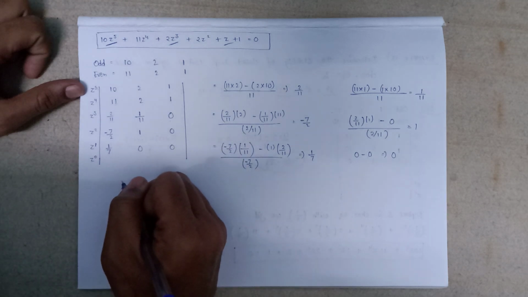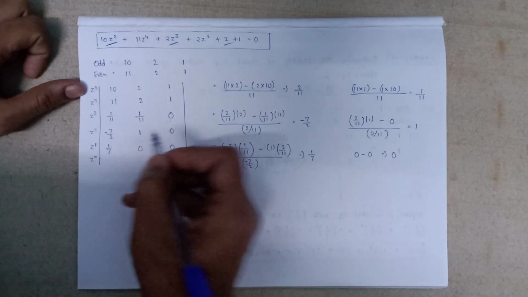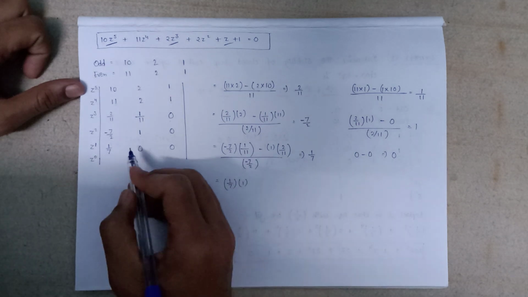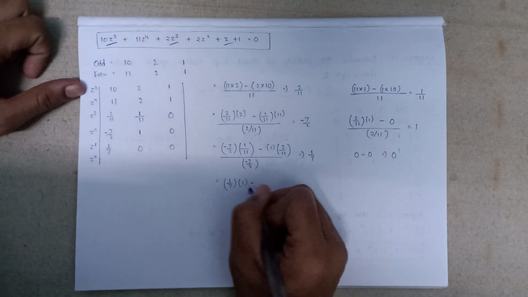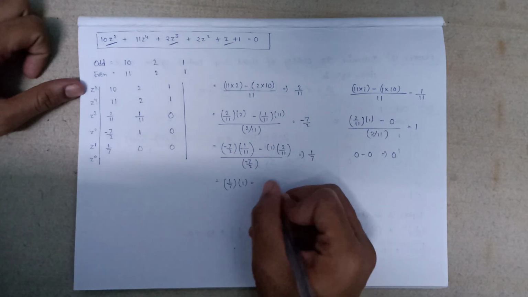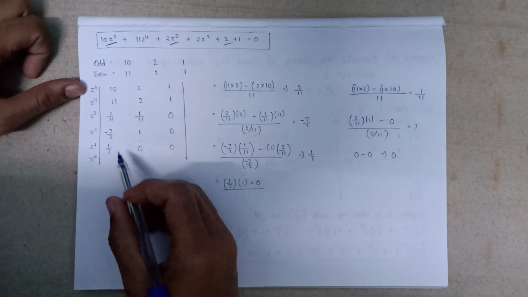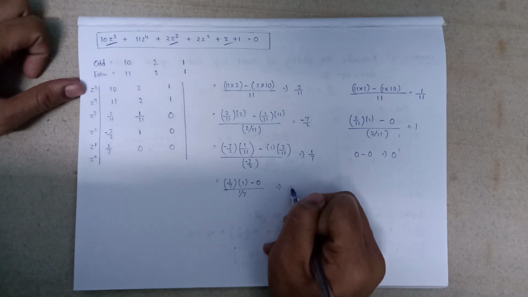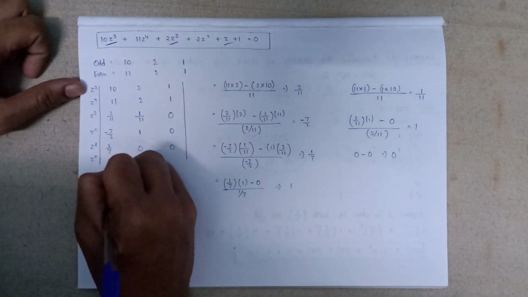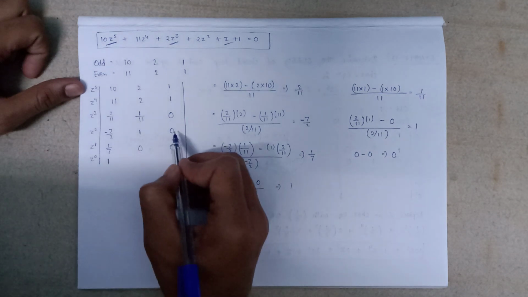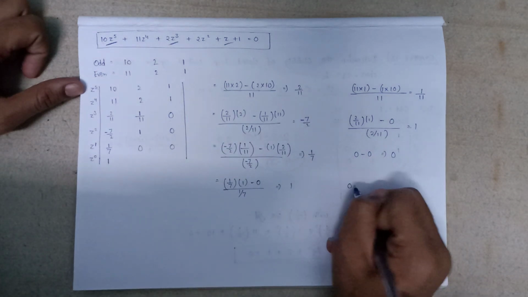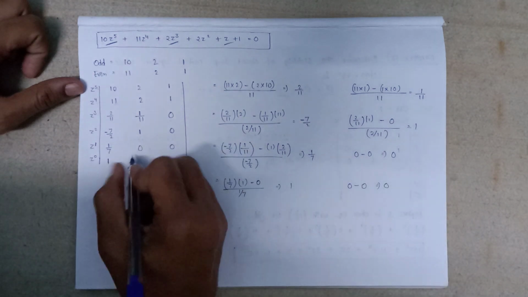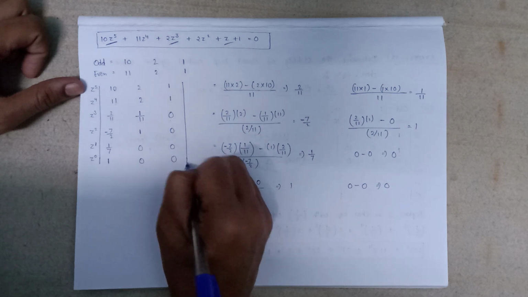Entire thing will be 0. After this, 1 by 7 multiplied with 1 minus 0 multiplied with minus 7 by 2, that is 0. After this the whole thing will be divided by 1 by 7, so we will get 1 only. After this, 1 by 7 will be multiplied with 0 minus 0 multiplied with minus 7 by 2, that is 0 only. So 0 only, and 0 here also.